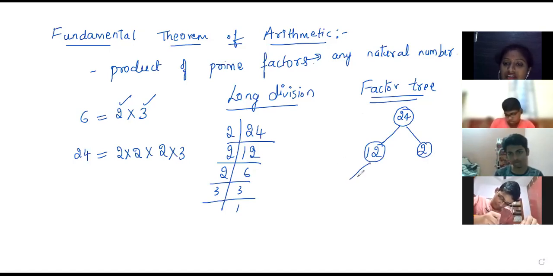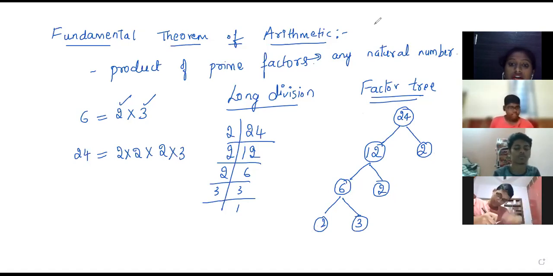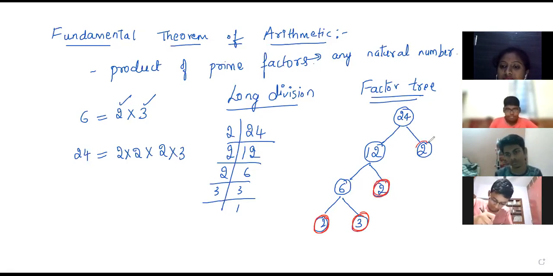Then 12 we can factorize further. 6 2s are 12, so 6 and 2 are the factors, and again 2 is done. We factorize 6 again, 2 3s are 6. Whatever the last numbers you have got, those are the prime factors.